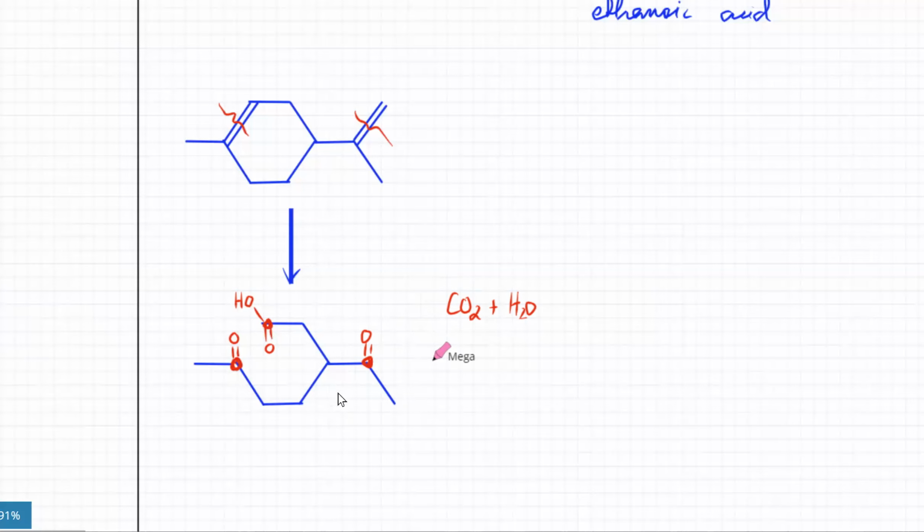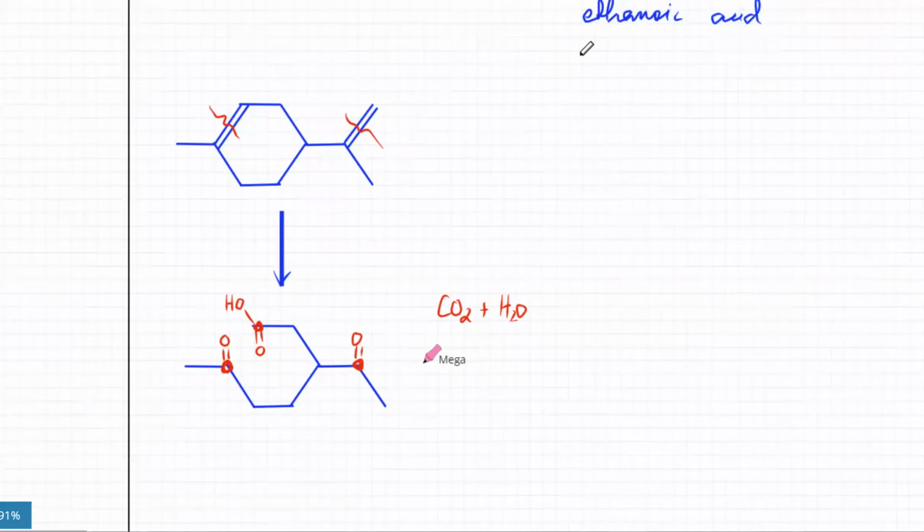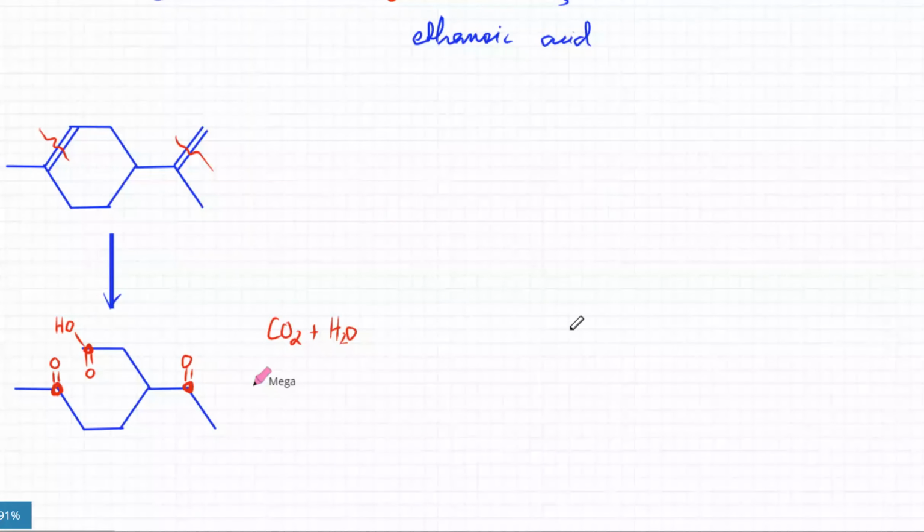And remember, nothing should happen to the rest of the molecule. The reaction is only happening with the double bonded carbon atoms. That's it. Nothing should happen to the rest of the molecule. Let's try and do another one, a similar question.